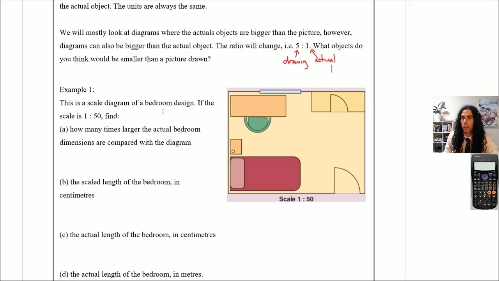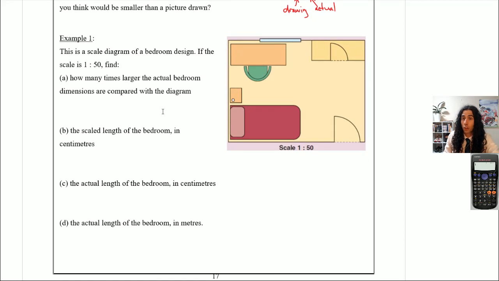Okay, so example 1. This is stuff you're going to have to write down here. Example 1, it's a scale bedroom design. If the scale is 1 to 50, find how many times larger the actual bedroom dimensions are compared with the diagram. So the first number is our drawing. So write it again, 1 to 50, drawing, and then we have the actual.